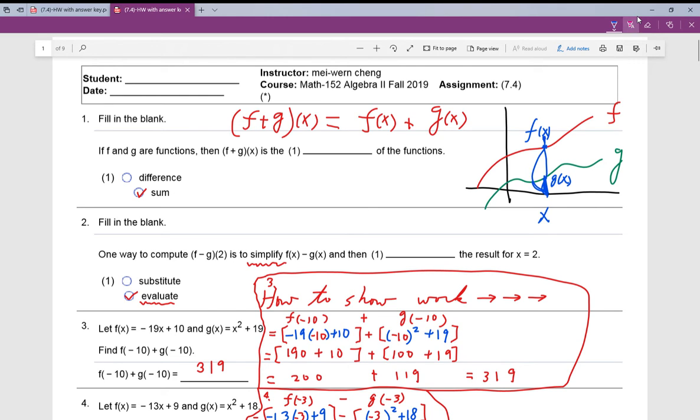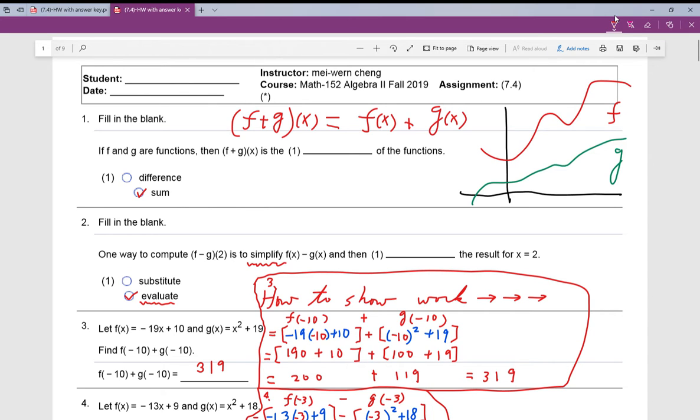Okay, so for example, if this is g and this is f, how do I add them together with the same x?